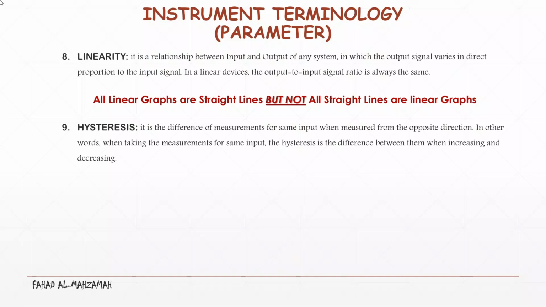So what is the definition of the hysteresis? It is the difference of measurements for the same input when you measure from the opposite direction. What does it mean? Let me show the graph directly.